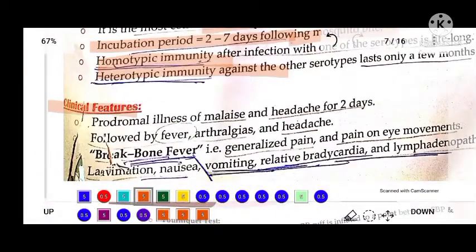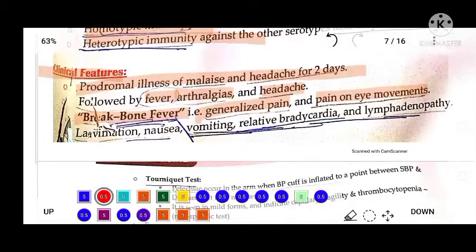There are certain clinical features of dengue, like a prodromal illness of malaise, headache, myalgia, and arthralgia. Fever will be there, and there is also breakbone fever, which is generalized pain and pain on eye movement. These are the most important clinical features, because a fever must be differentiated on the basis of these clinical presentations.